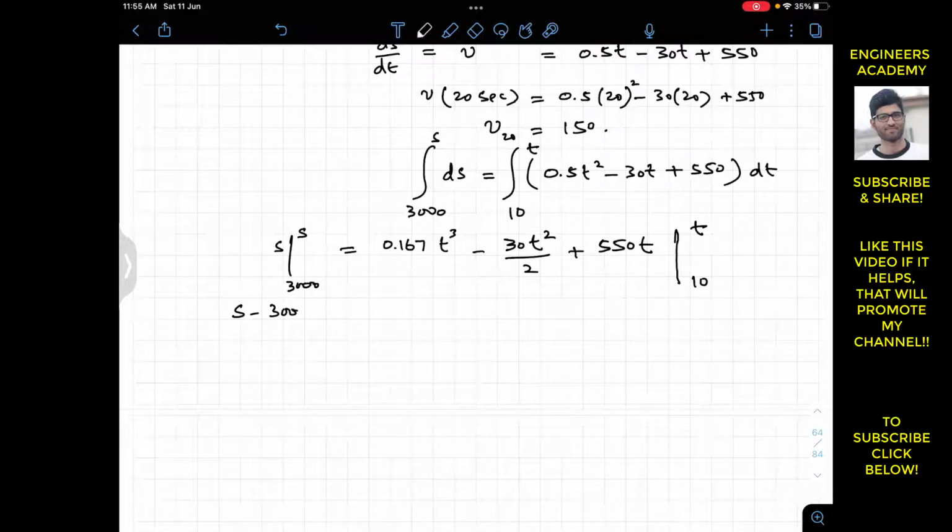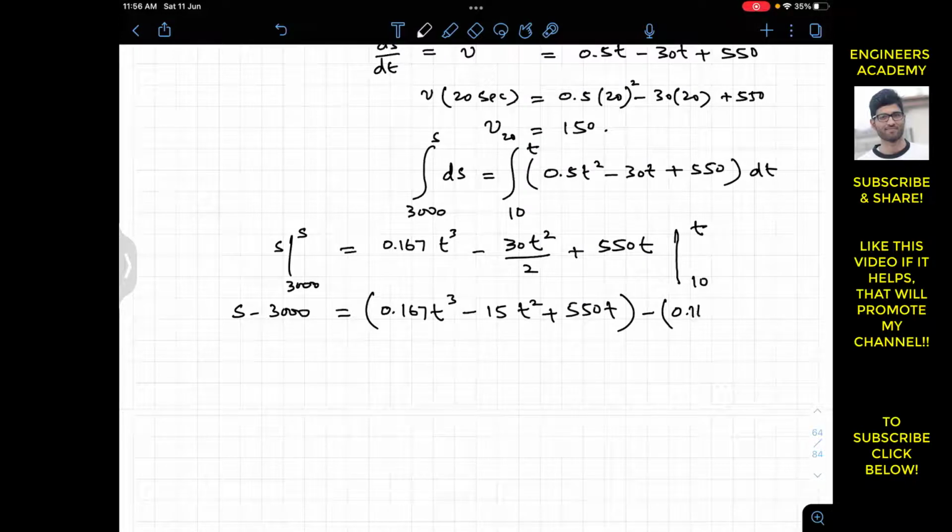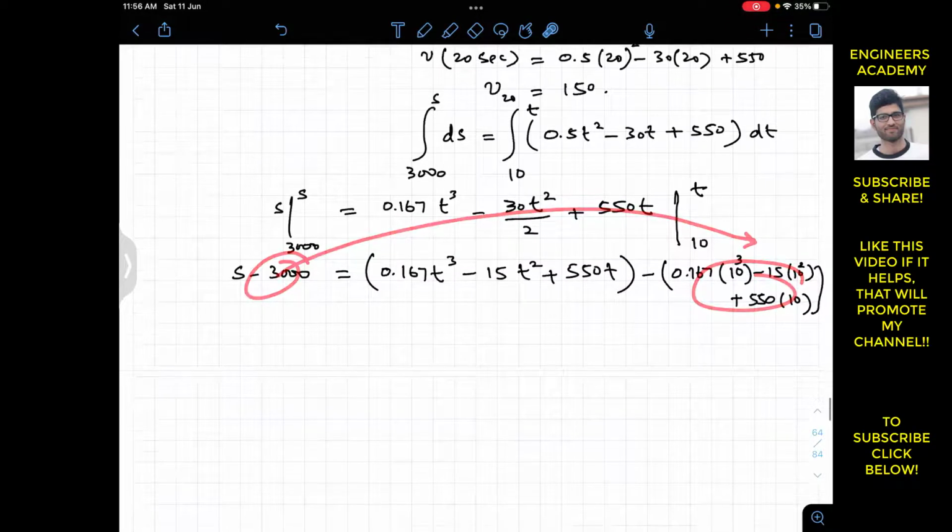This is s minus 3000, this is 0.167t to the power 3, 30 divided by 2 is 15, minus 15t² plus 550t, and now let's put the lower limit, that is 10, so minus 0.167 into 10 to the power 3 minus 15 into 10² and plus 550 into 10. And similarly, if I bring this minus 3000 to the other side of the equation, it will add up to this constant, so that will become plus 3000.